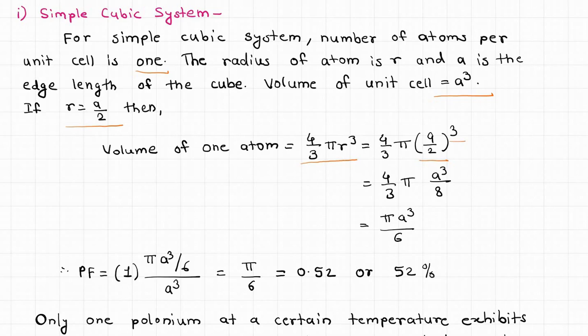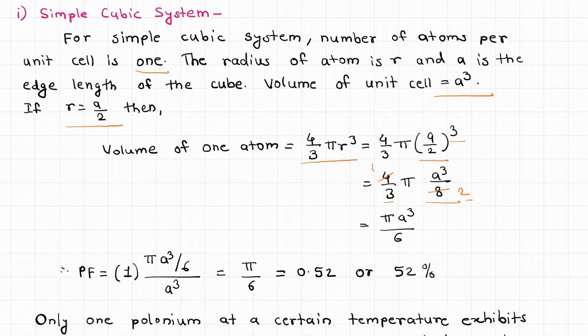It is equal to 4 by 3 pi as it is. a by 2 bracket cube is a cube divided by 8. So here 4 2s are 8. Therefore we will get at numerator pi into a cube and at denominator 3 into 2 is 6.